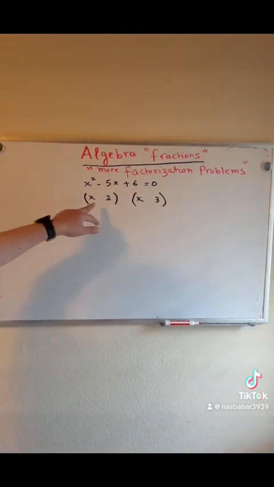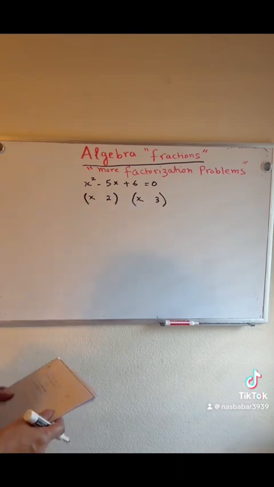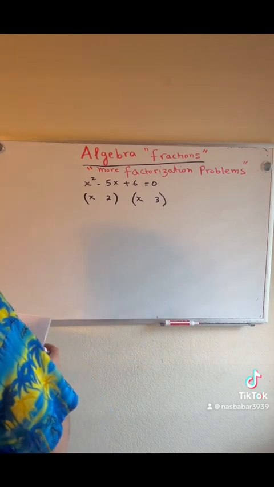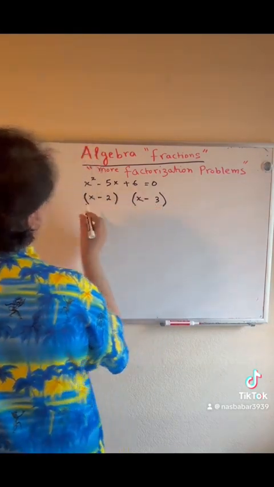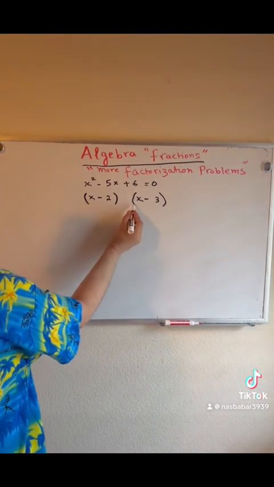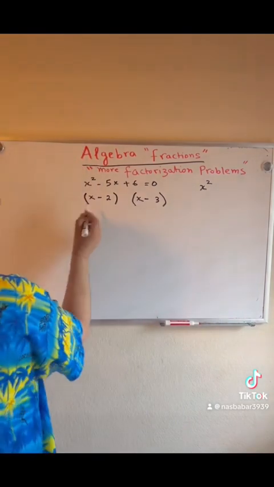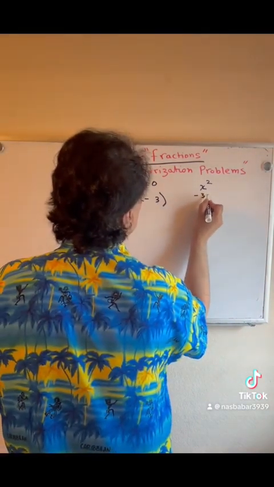Now you have to choose what sign should go in here. That's kind of tricky. You might have to do it multiple times, but with experience, you'll be able to guess. Let's say I choose minus. If I multiply x by x, I get x squared. x by minus 3 gives minus 3x.